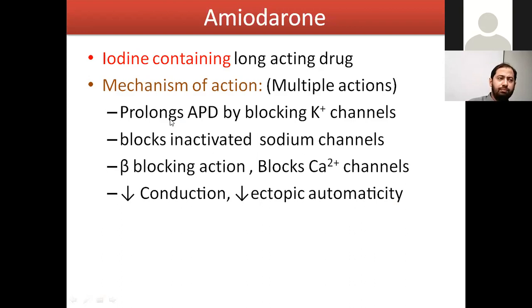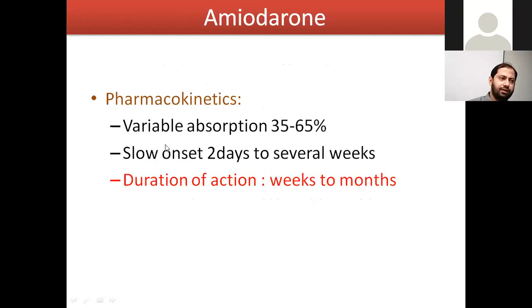It also blocks the inactivated sodium channels, has beta blocking action, and blocks calcium channels. It decreases the conduction, and it decreases the ectopic automaticity. So you should know about the different mechanisms of action of Amiodarone.